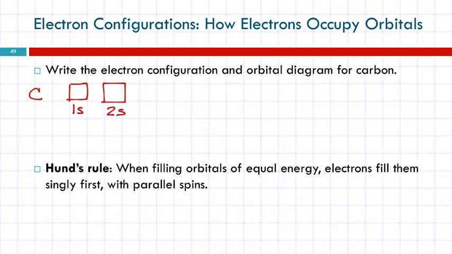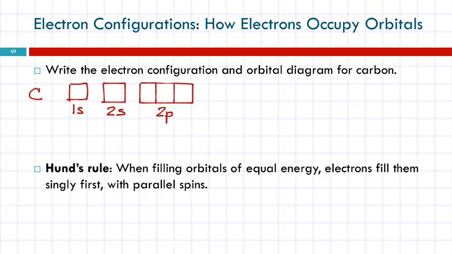The P room has 3 beds, but they're all in one room. So we represent that as 3 boxes, but they're stuck together. So that's the 2p sublevel, or the P room on the second floor of the hotel, and there's 3 beds in there. So we could put up to 6 electrons in there.